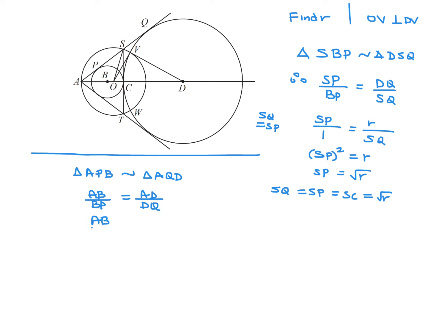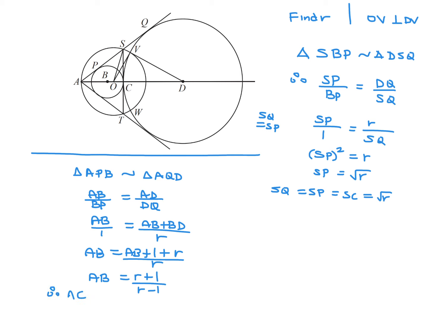So that means we have AB over 1 is equal to AB plus BD, and DQ is R. So that means AB is equal to (AB plus 1 plus 1) over R, and then solving this, you'll get AB is equal to (R plus 1) over (R minus 1). And therefore, AC, which is AB plus 1, would be equal to 2R over (R minus 1).